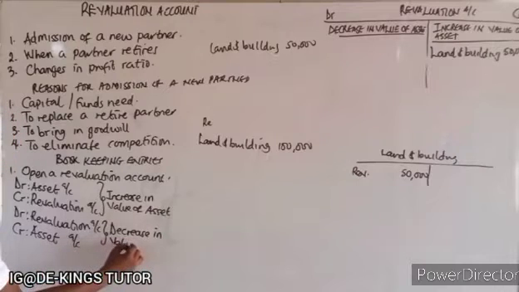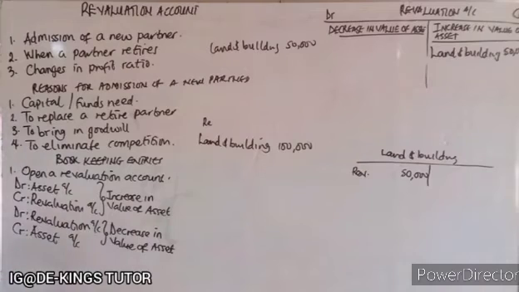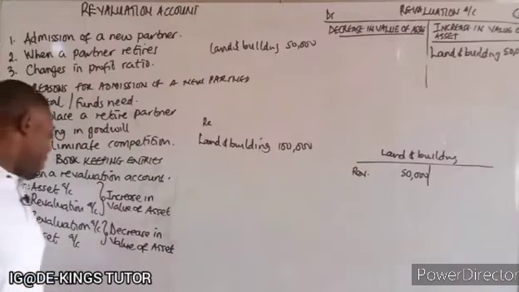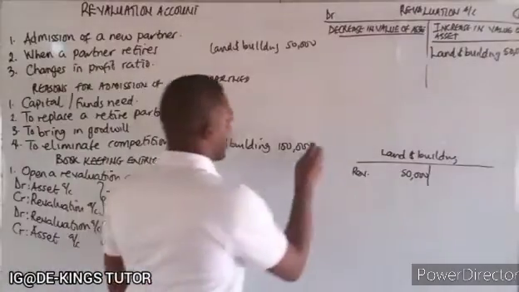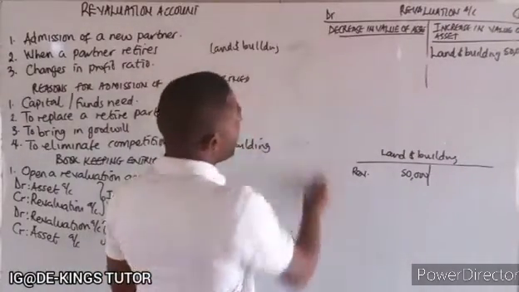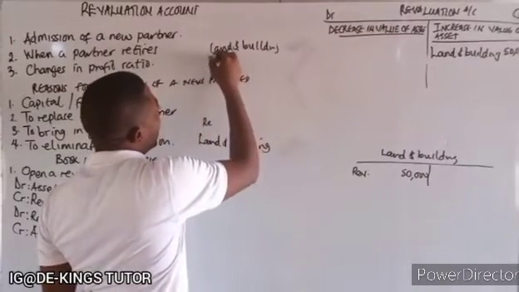in value of assets. If there is decrease in value of what? Asset, you debit revaluation and you credit what? Asset account. Now for instance, if we take for instance, now we said, now if for instance, okay, let me use plant and machinery.